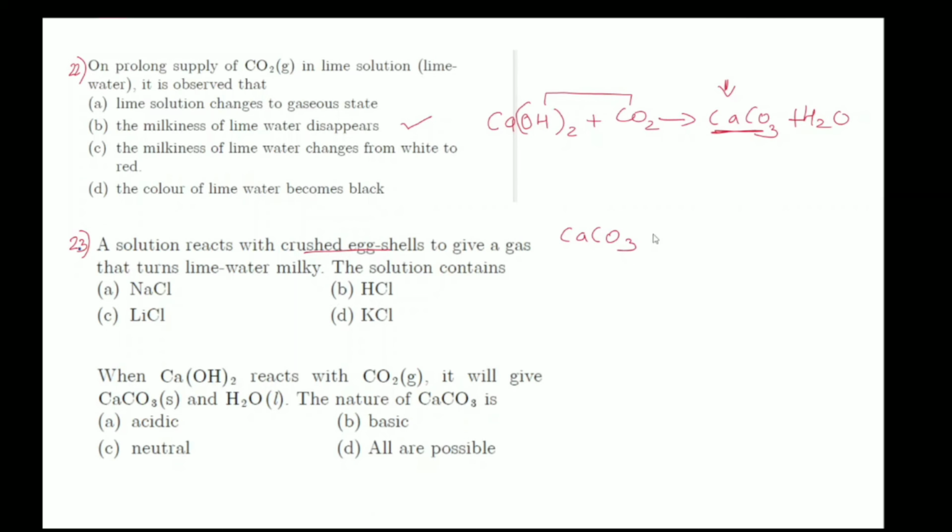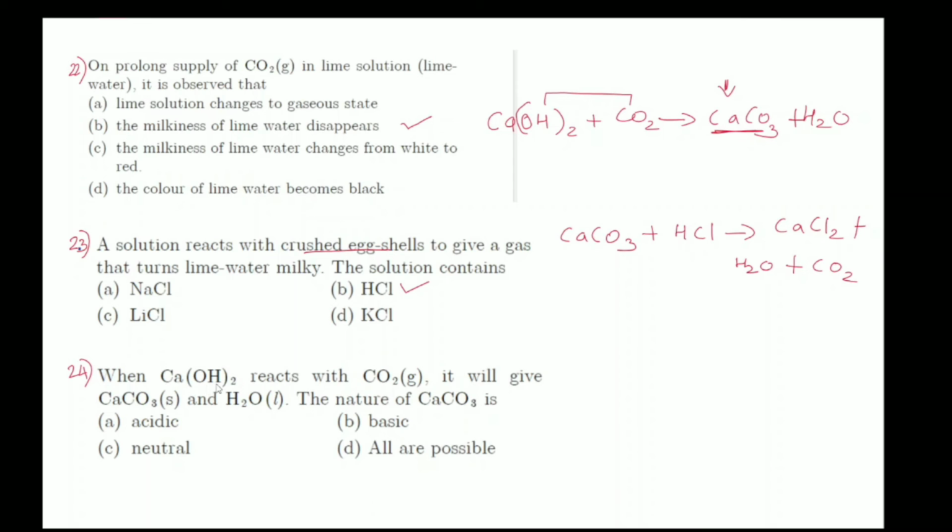When you add HCl, calcium carbonate plus HCl gives you calcium chloride plus water plus carbon dioxide. So we know that it is HCl, hydrochloric acid. Now let us move on to question number 24.